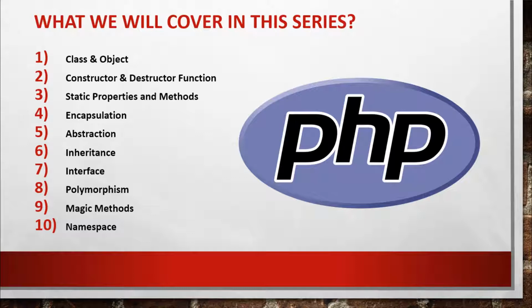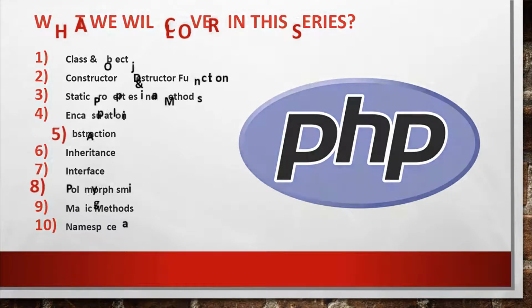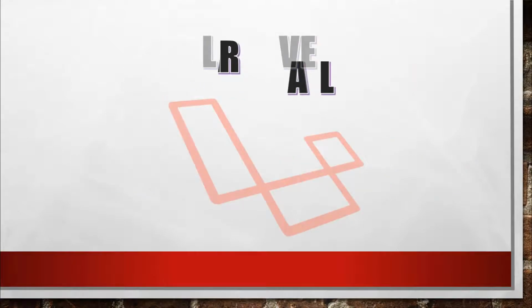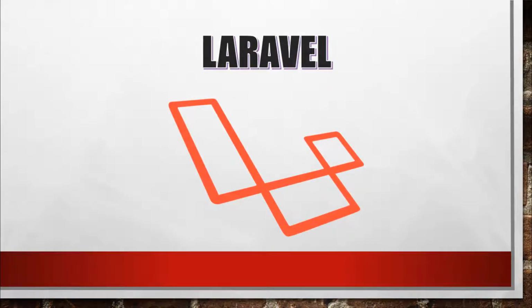So total we will upload 10 videos on this series. After completing this series, I will also upload how to create CRUD application using PHP OOP concept and MySQLi and Ajax. And after that I will start uploading tutorials on Laravel framework.